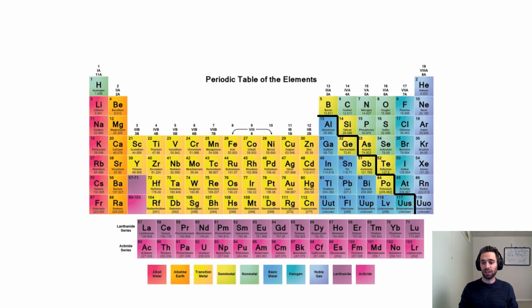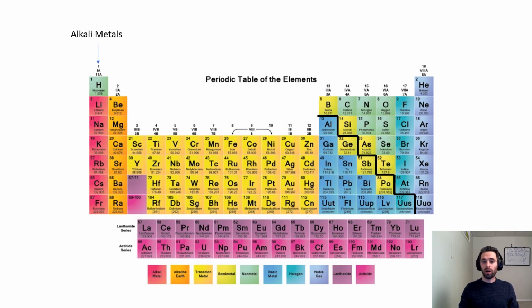Everything else to the left of this line is a metal. Everything to the right of this line is a non-metal. And anything that falls on this line is known as a metalloid, like germanium and arsenic. These are both metalloids, which means they have properties of both metals and nonmetals, which is quite interesting.